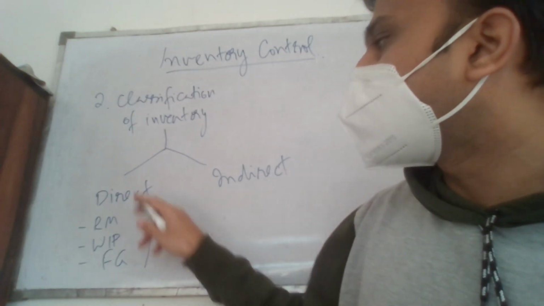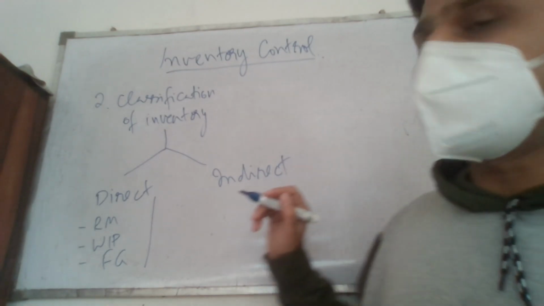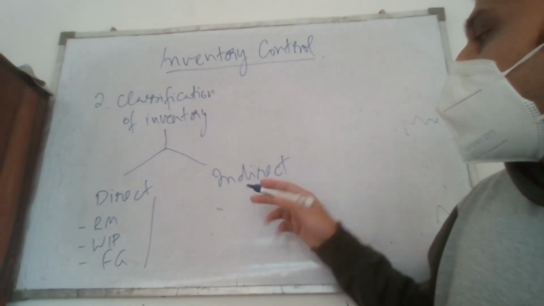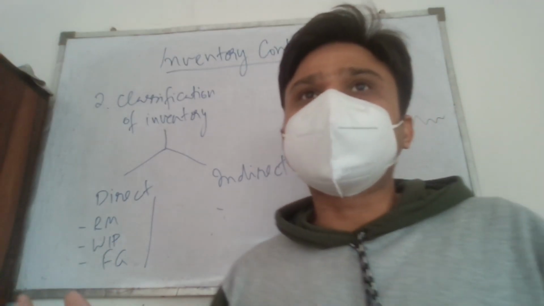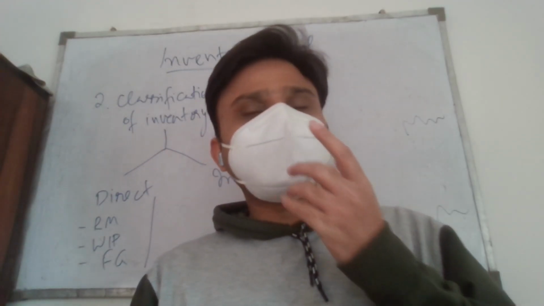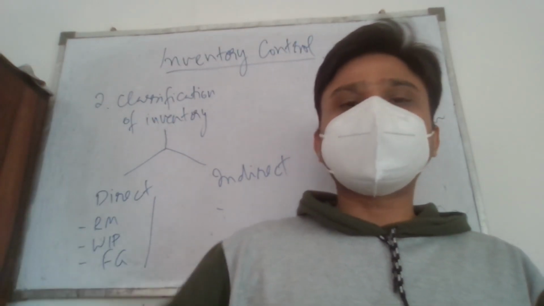All these count in direct inventory. Then we have indirect inventory, which is basically something like lubricants in manufacturing some part. So there we need to use indirect inventories. They are not part of the final product, but they are used in manufacturing the final product.